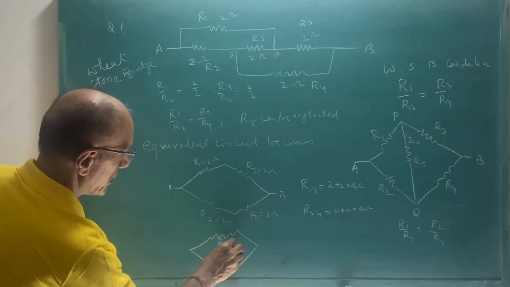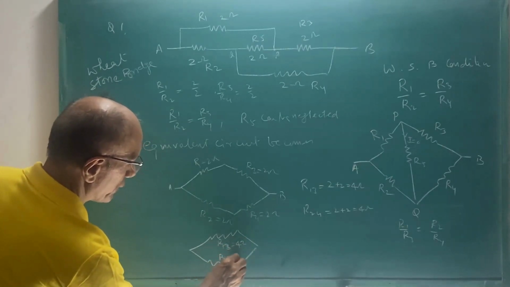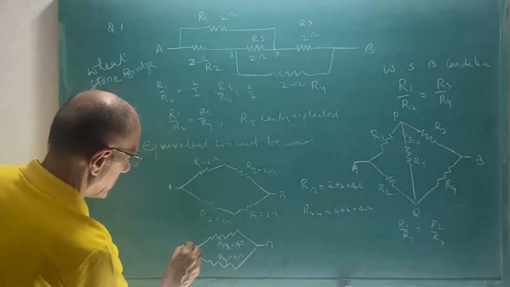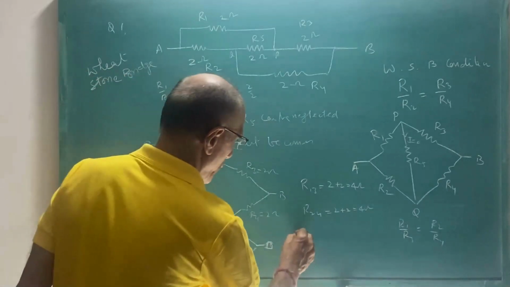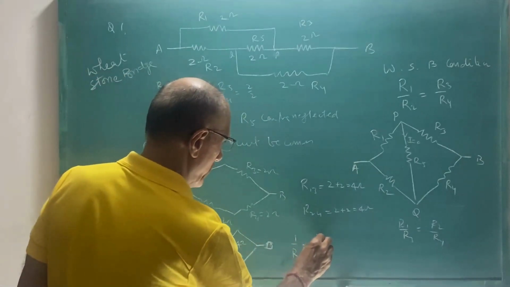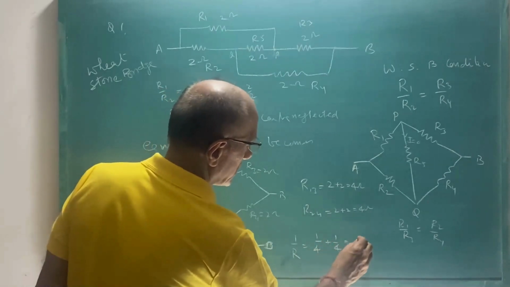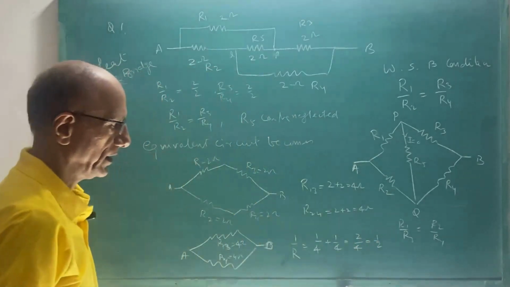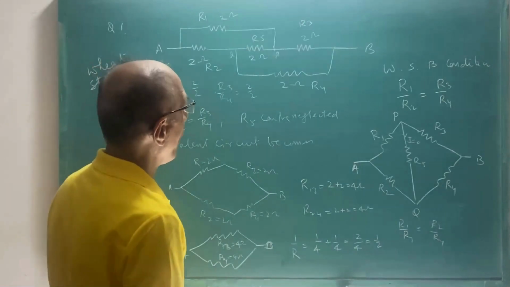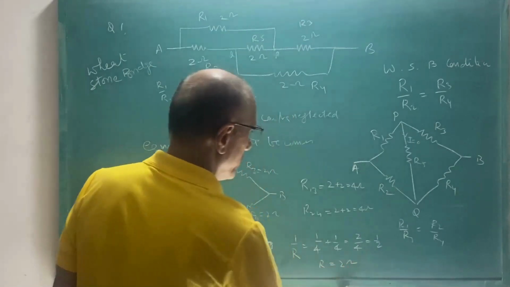Now we get 1 by R equals 1 by 4 plus 1 by 4, that is 2 by 4, that is 1 by 2. So R equals 2 ohm.